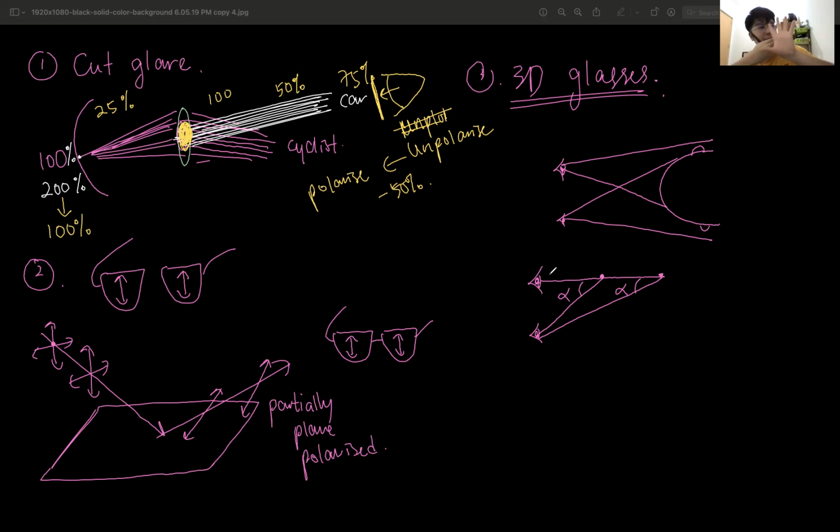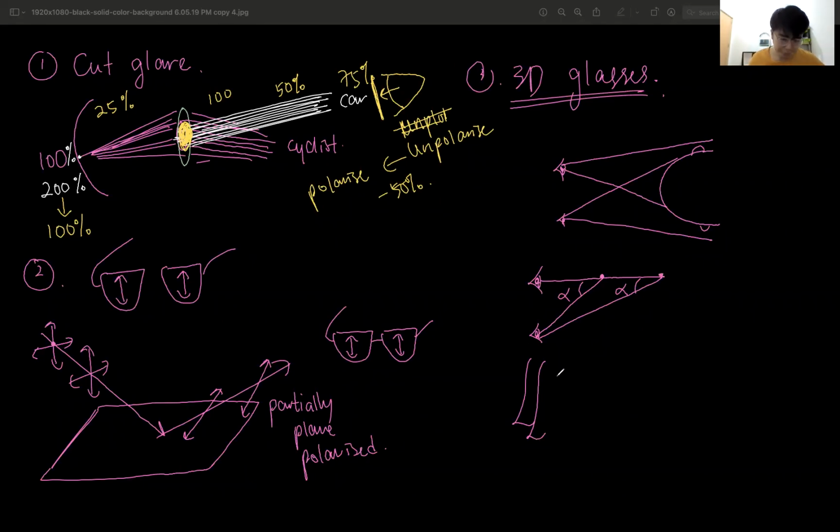You stand here, you get an image here. You stand on the left side, you get another image. But on the cinema screen, there's just one picture. So what they do is they project two pictures on the screen. That is why sometimes if you do not wear the glasses, you see the nose like this, and then you see another one next to it, right?